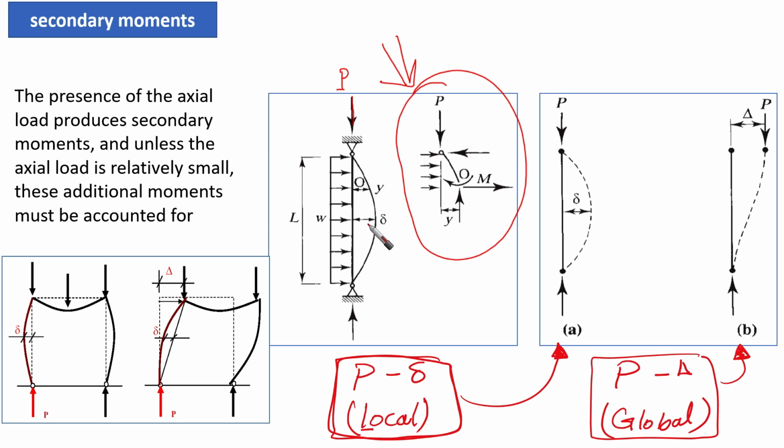And there is an additional moment that is going to be applied, which is P delta. But this P times delta is going to add additional straining action on the elastic line of the element, so we need to increase it a little bit, right?